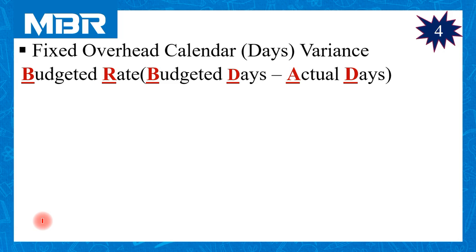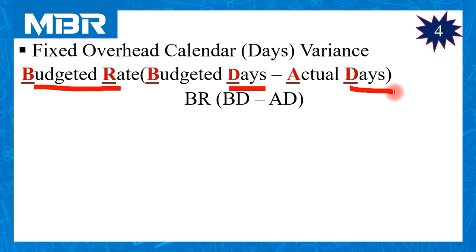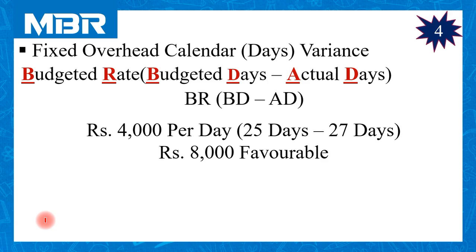Here we need to apply budgeted rate per day. Why? Because this information is given in terms of days. So naturally we need to use this information. BR into bracket BD minus AD. Insert the values in the formula.